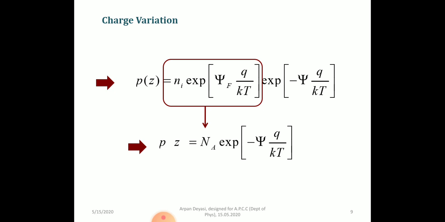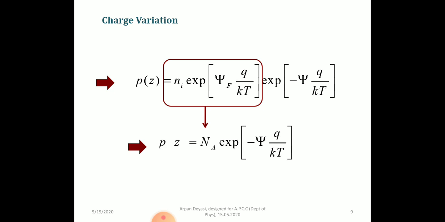Again, I am repeating: if you can't understand or have a slight misconception, please think about this part very carefully. In the exponential term, what is inside the bracket? q psi_f by kT. Where is it measured? psi_f is measured in the bulk. We have shown this in all the inversion band diagrams.